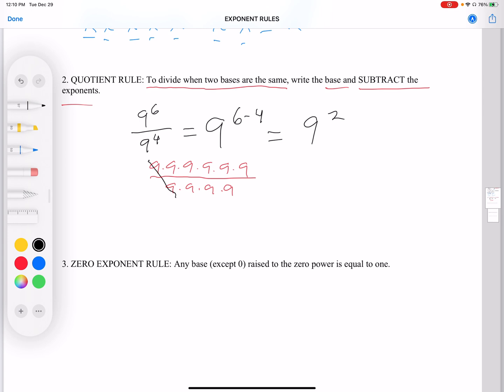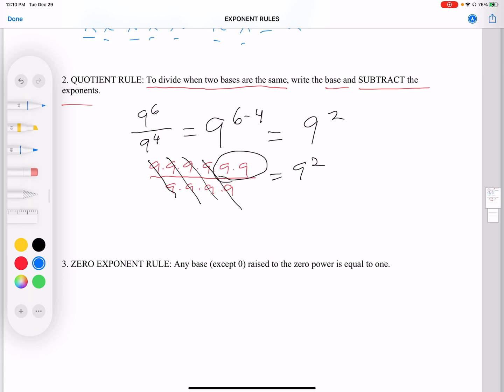For example, these two 9s cancel each other out. That's 9 over 9, 9 over 9, 9 over 9, and 9 over 9. Guess what you're left with? 9 times 9, which is 9 squared.